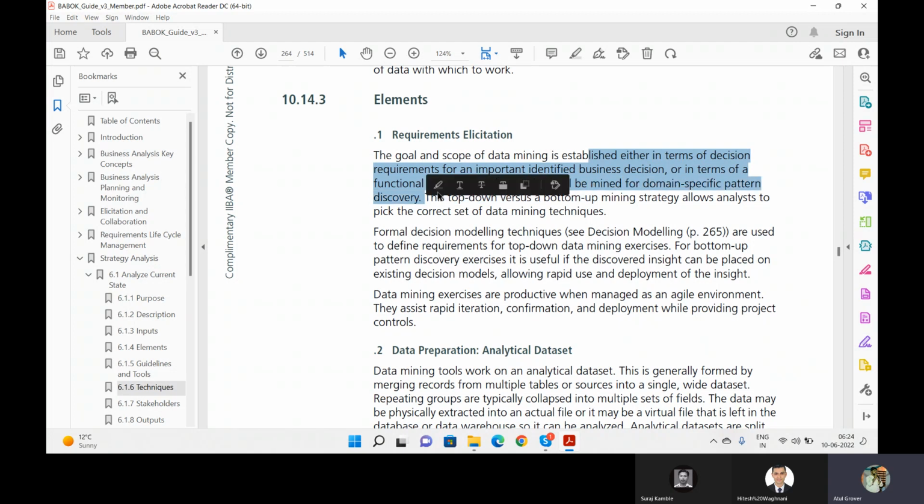Now look, when we do requirement gathering, or requirement allocation, either we take a decision, I need this thing or not, or in terms of the functional area, we identify whether we should implement this requirement in this area or not.